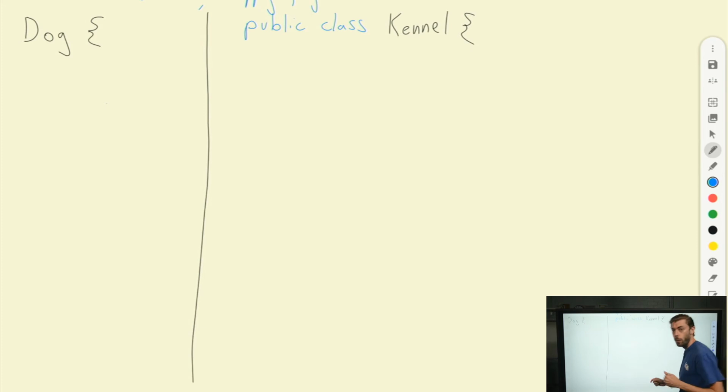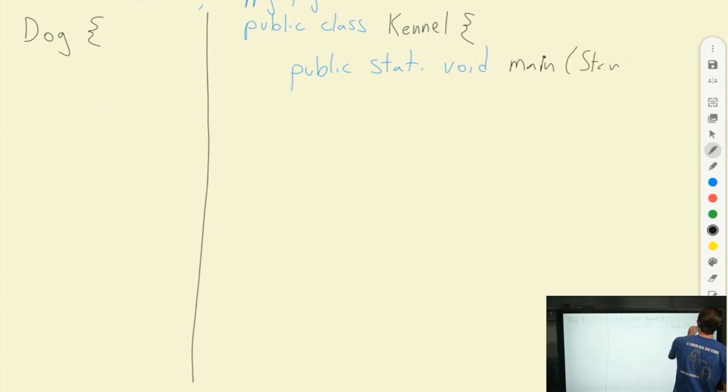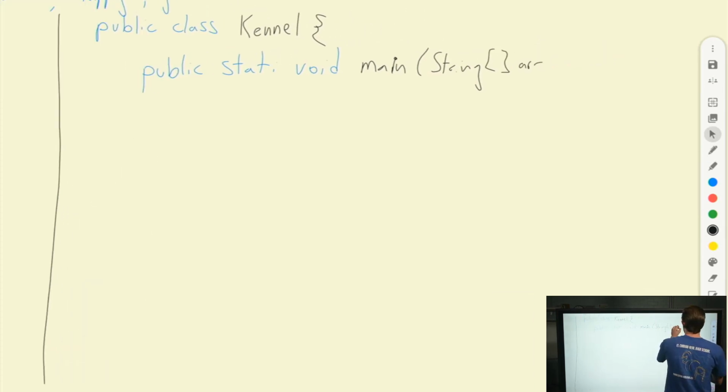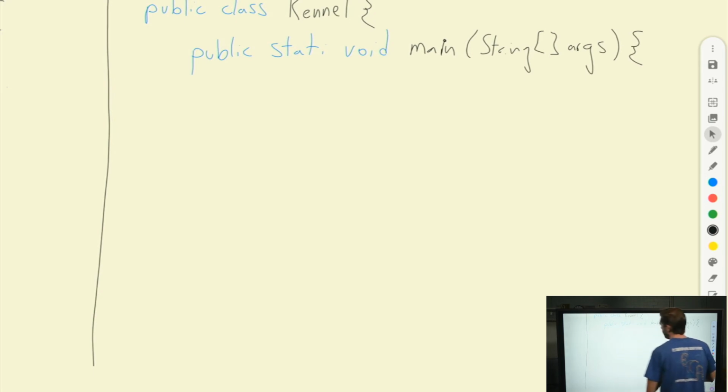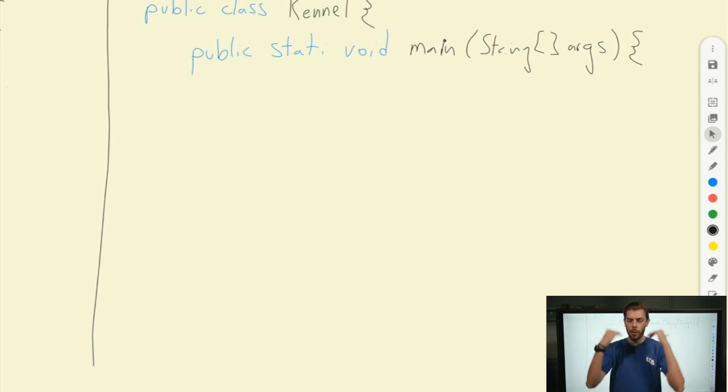It only has to be in one class. So we're going to put our public static void main, String args. Okay, so here is our public static void main, and inside of my public static void main, I can now instantiate, which is one of the things that we learned when we first learned about objects.